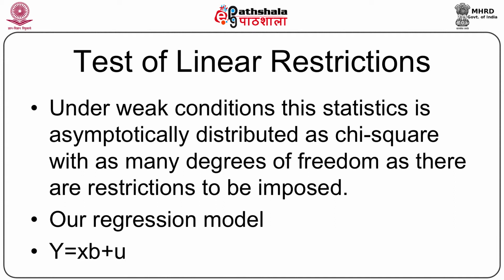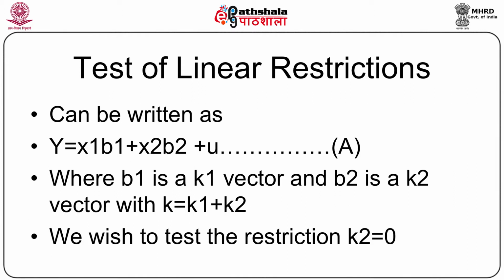Now let us consider the regression model y = xb + u, where y is the dependent variable, x is the explanatory variable, and b is the parameter to be estimated. In this case, you can decompose xb as x1 b1 plus x2 b2. So you can write y = x1 b1 + x2 b2 + u, where b1 is a k1 vector and b2 is a k2 vector, with k = k1 + k2.